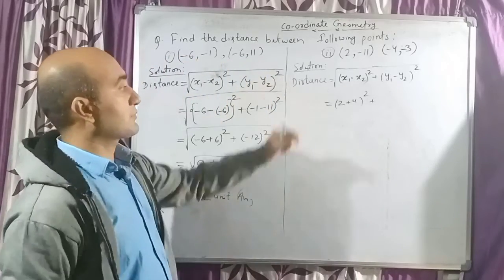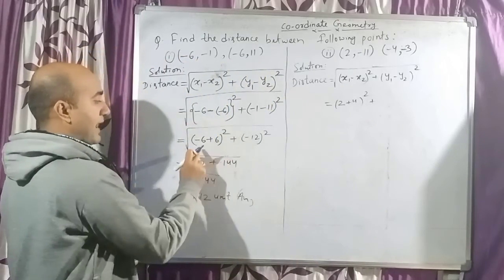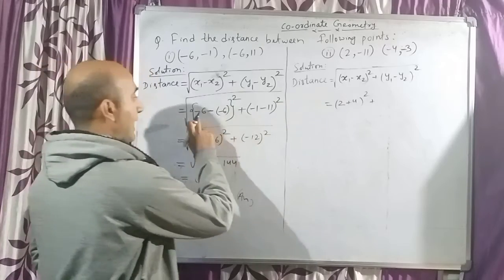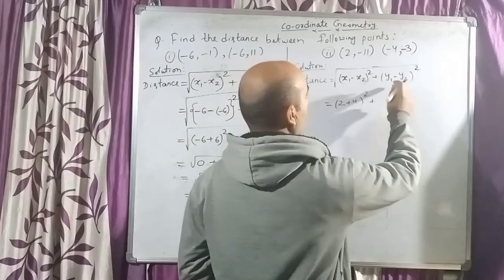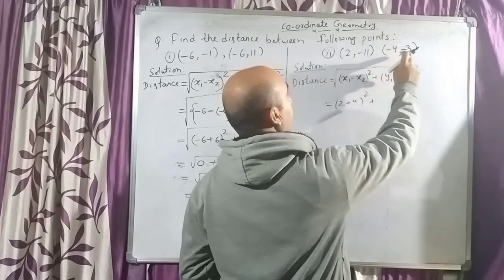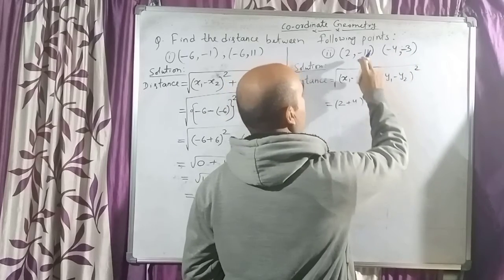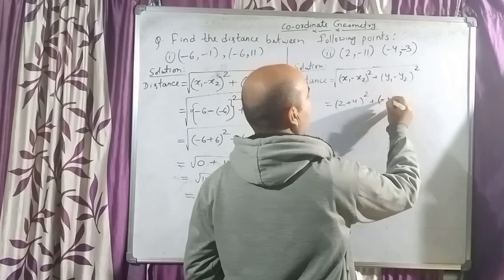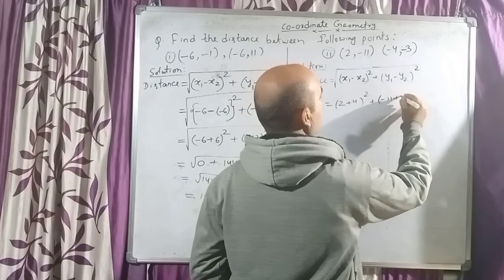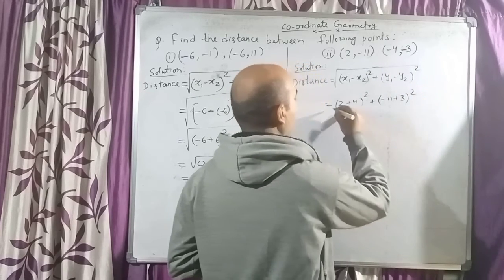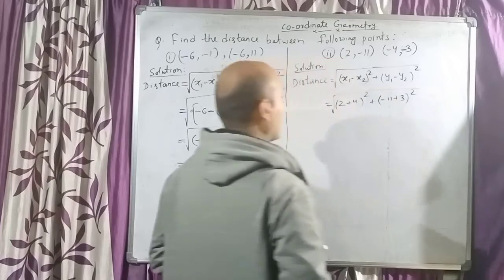because here I have explained you in details. So there directly not doing this step, I have reached here. So I am not doing this step there. So now plus y1 minus y2, second minus second. So my second y1 is minus 11 and again same thing, this minus and this minus will become plus 3 whole square root over.